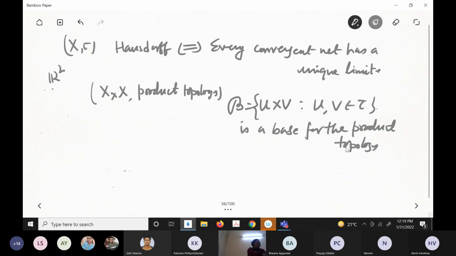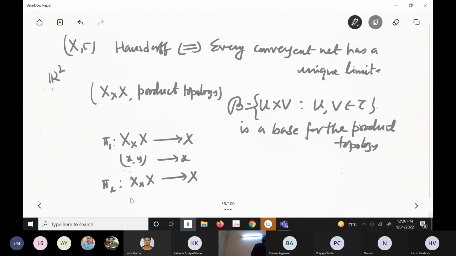Another thing you should know is that projections are also quotient maps because they are open and continuous. This is the first projection, and this is the second projection.